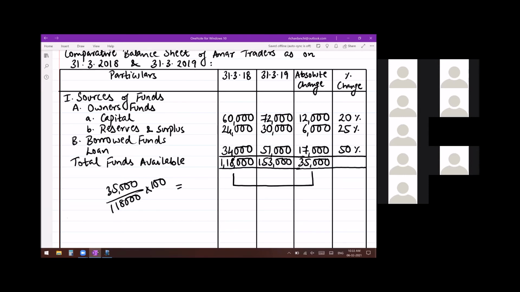To find out percentage change, current year minus previous year divided by previous year into 100 is the formula you are using. But current year minus previous year is nothing but that absolute change which you have been doing constantly. So directly you can take 35 divided by 118 into 100. Do it at the side and tell me the answer. 29.66%.